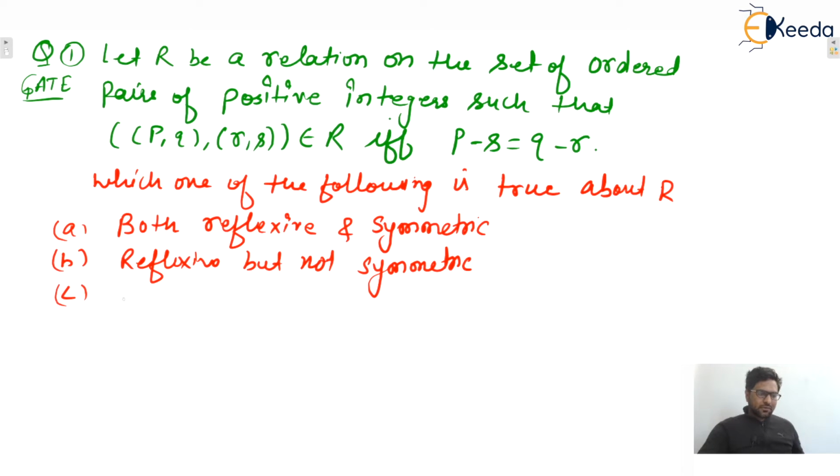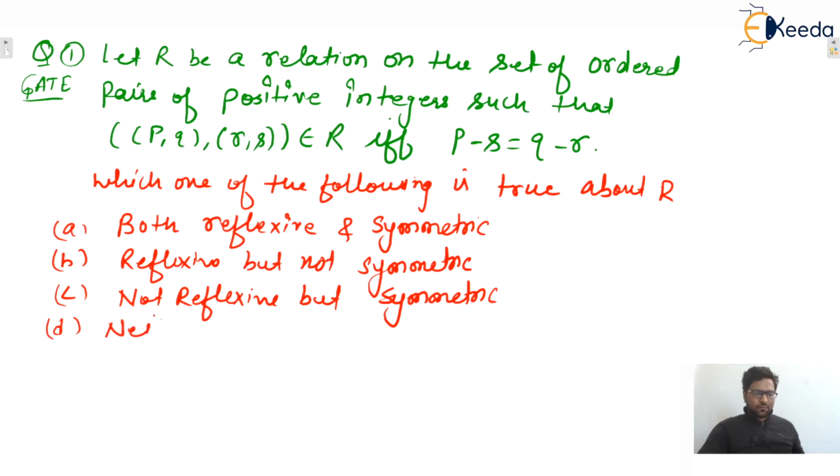Option C, it is given: not reflexive but symmetric. D, it is given: neither reflexive nor symmetric. Isn't it? So four options are given to you.